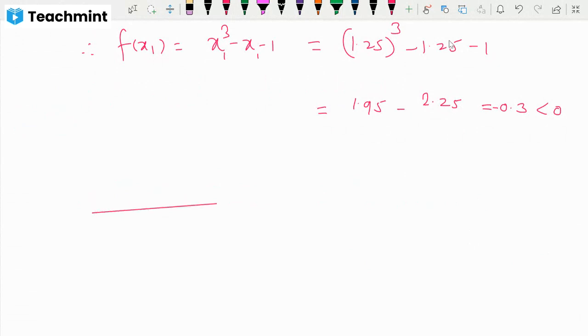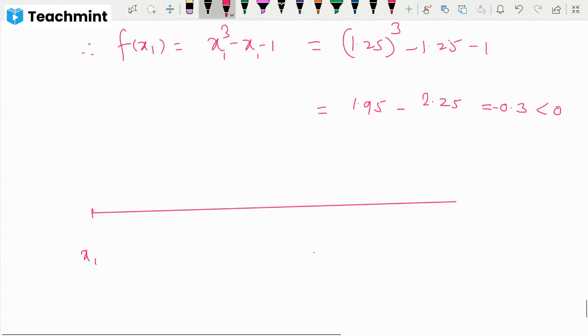What is our situation in this iteration? It is like this: this is a, this is x0, and this is x1. a is 1, x0 is 1.5, and x1 is 1.25.